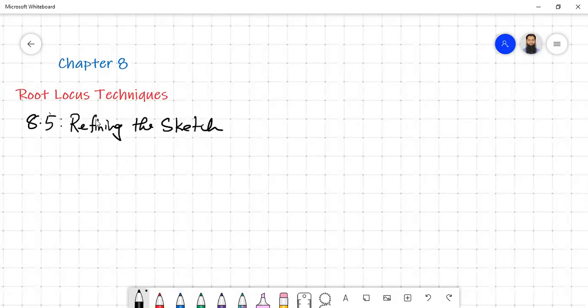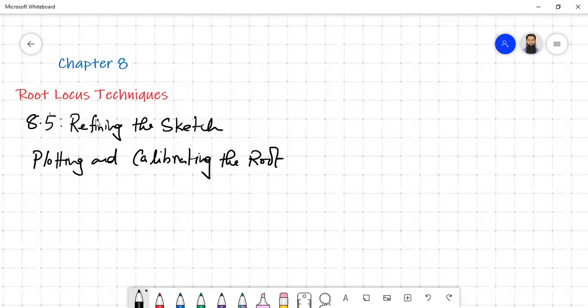A small bit of it is left, and this is plotting and calibrating the root locus. Let us see what it means.